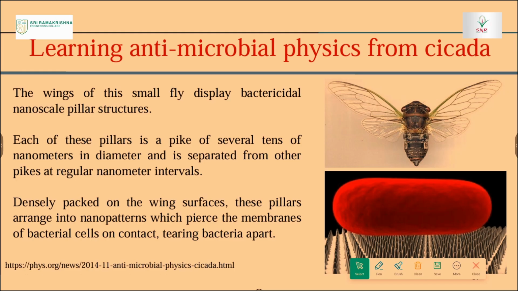Each of these pillars is a spike of several tens of nanometers in diameter, all densely packed on the wing surface. These pillars are arranged into nano patterns. You can see the nano patterns over here, which pierce the membranes of bacterial cells on contact, tearing bacteria apart. So the cicada fly can act like an antibacterial thing, before anything goes into the body itself, it has antibacterial activity here.